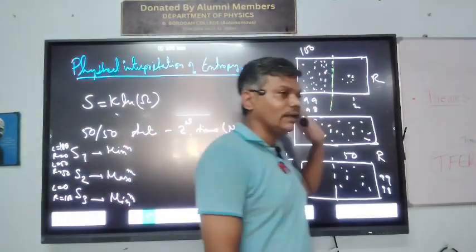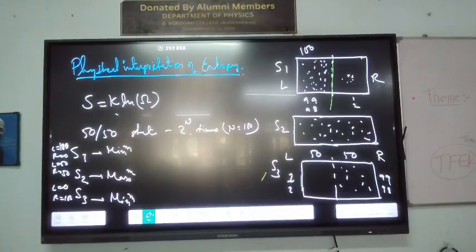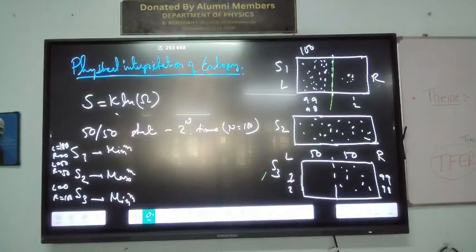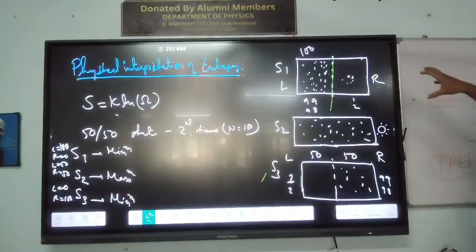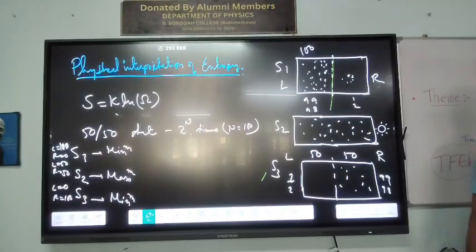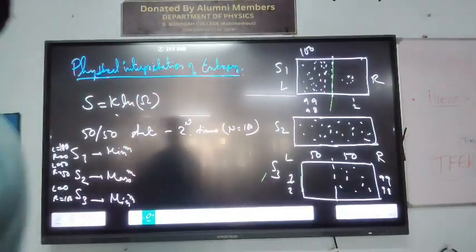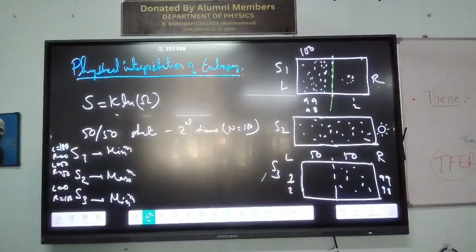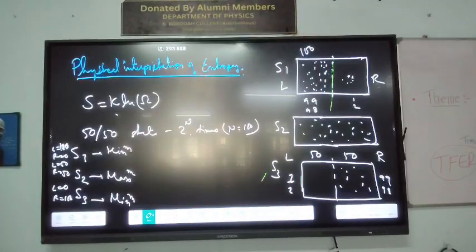Out of this, S2 has the maximum entropy. Then what can you say? What can we say about the physical state? What can you say? What physical state? If you look at the three physical states, what difference are you getting?